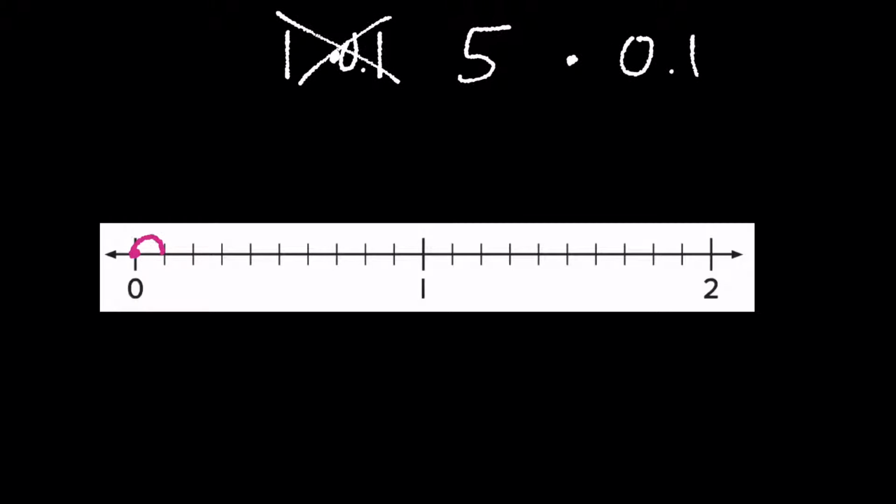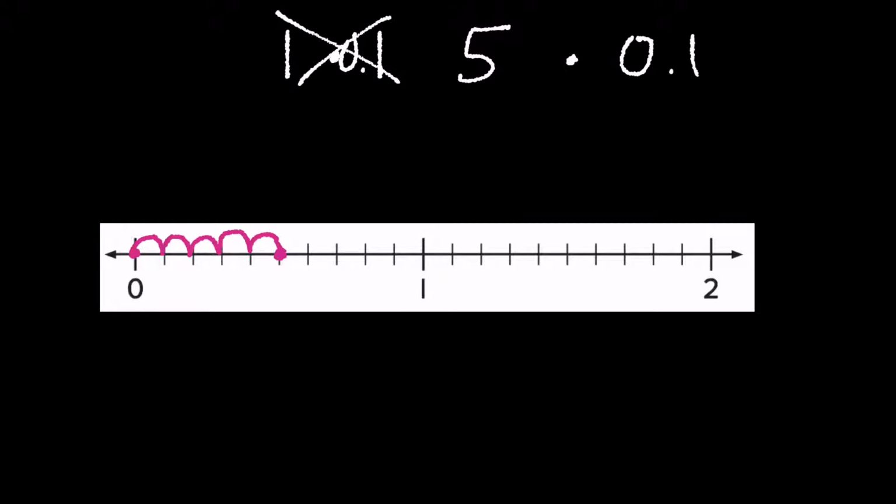So we want 5 groups of these jumps. I've already made one, so I'm going to have to make a second, a third, a fourth, and a fifth. So that takes us to right here. We've just modeled 5 groups of 1/10. 1, 2, 3, 4, 5.